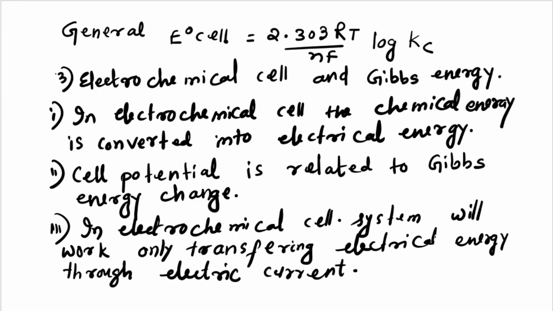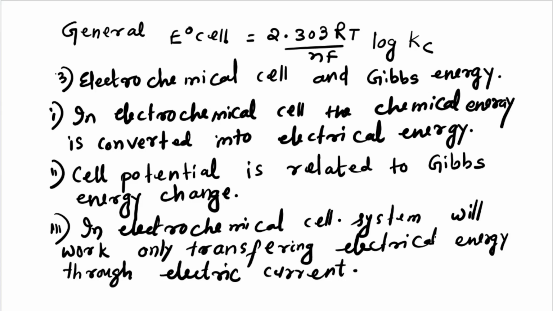In an electrochemical cell, what happened? Chemical energy is converted into electrical energy. You know this from the starting of electrochemistry. Cell potential is related to Gibbs energy change. How? In an electrochemical cell, the system will work only when electrical energy is transferred through electric current.